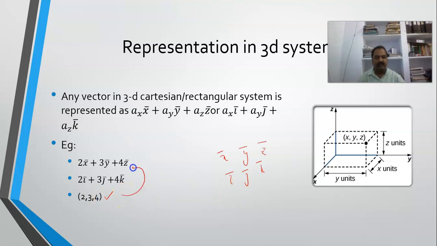It means that the other representations of this A vector are these things in terms of i, j, k or in terms of x, y, z. So this is a three-dimensional space, the three-dimensional Cartesian coordinate system, and if you carefully see, this is a point which is given by x, y, and z. This is the x distance from the x-axis, the y distance, and the z distance.